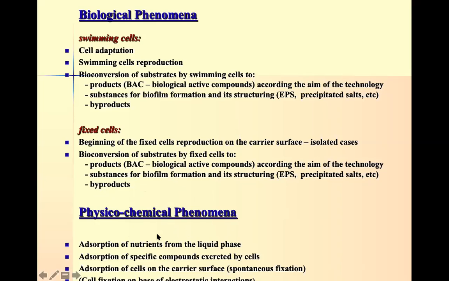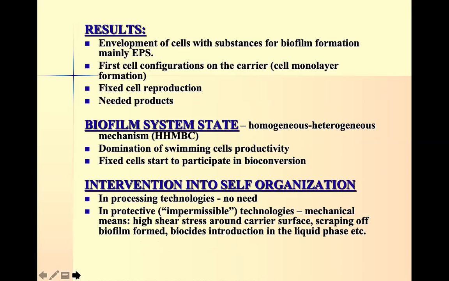Physicochemical phenomena in the first stage: absorption of nutrients from the liquid phase, because otherwise they cannot multiply. Absorption of specific compounds excreted by cells. Absorption of cells. Absorption means absorbed on the surface of the biofilm. So these are the basic biological phenomena that happen during stage 2.